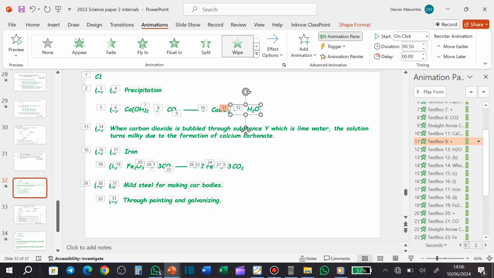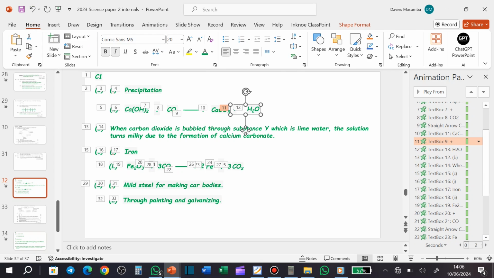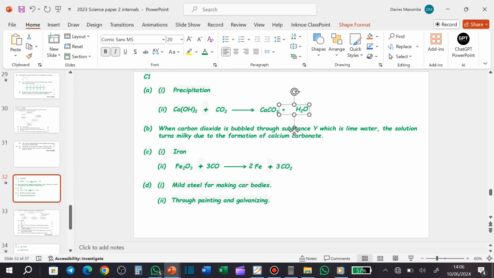Okay, so let me see now if it is balanced. If I check on hydrogen 2, oxygen 4, yeah, so this one now is balanced.